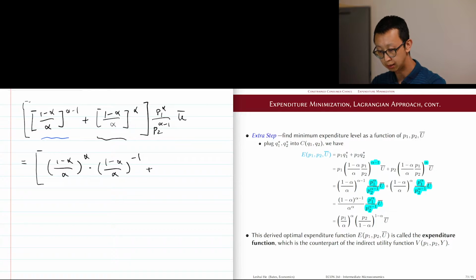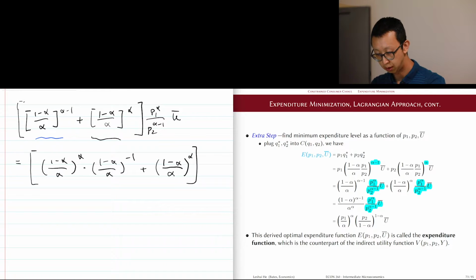And then it's added to this same ratio of (1 minus alpha) over alpha to the power of alpha, and then times our term on the outside, which is P1 to the power of alpha over P2 to the power of alpha minus 1 times U bar.